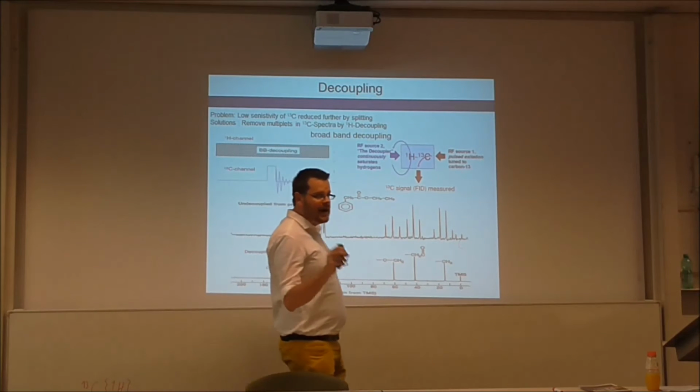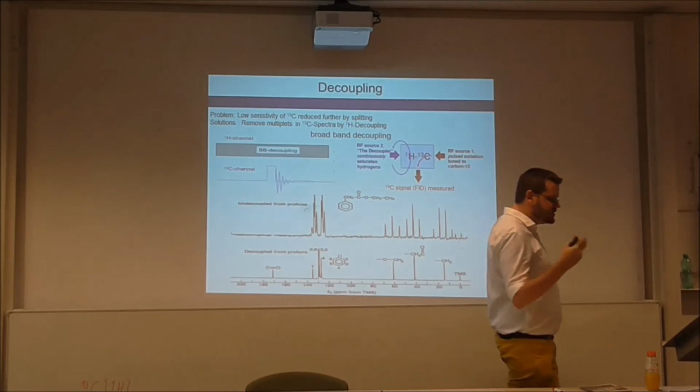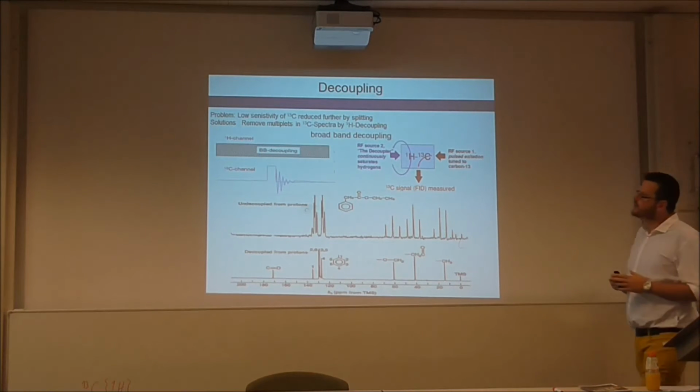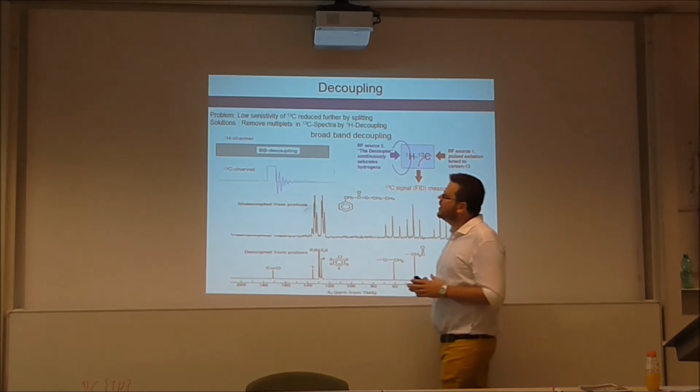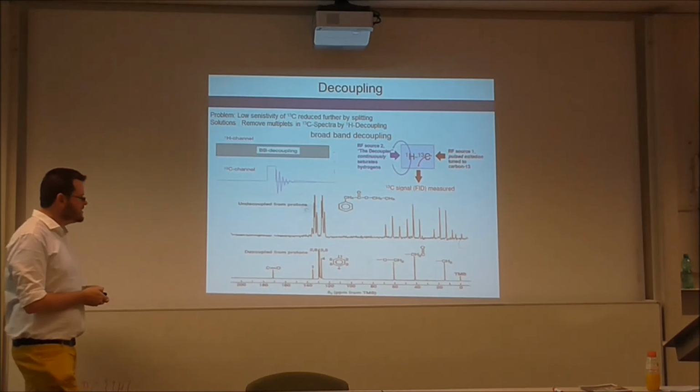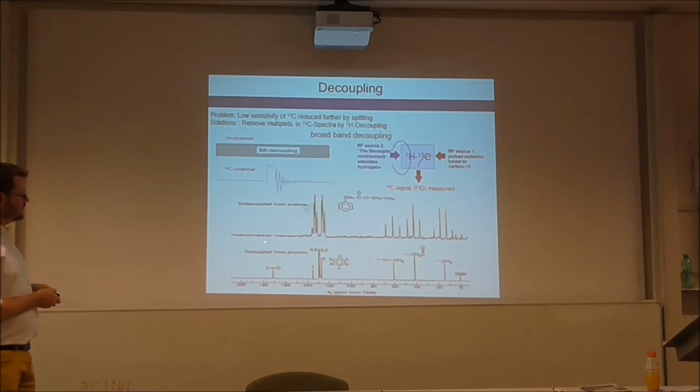Another reason to do decoupling, particularly with insensitive nuclei like carbon-13, is that because of this coupling you end up losing, if you like, resolution a bit, and signals that are difficult to detect, you run the risk of not seeing.